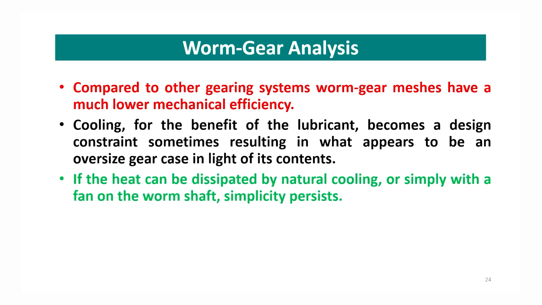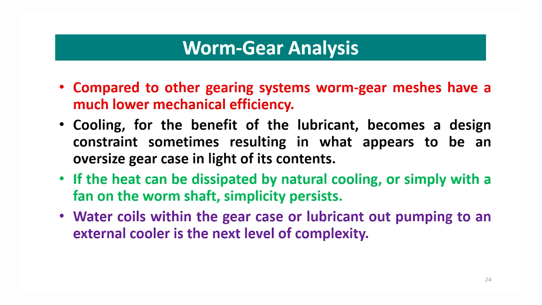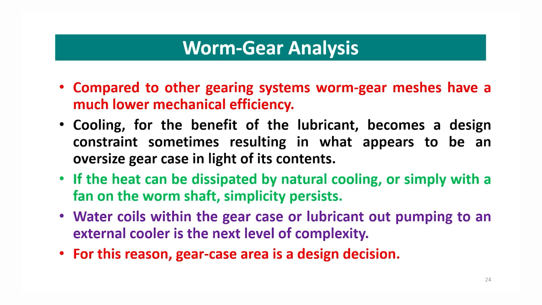If the heat can be dissipated by natural cooling or simply with a fan on the worm shaft, simplicity persists. Water coils within the gear case or lubricant pumped out to an external cooler is the next level of complexity. For this reason, gear case area is a design decision for the case of worm and worm gear.